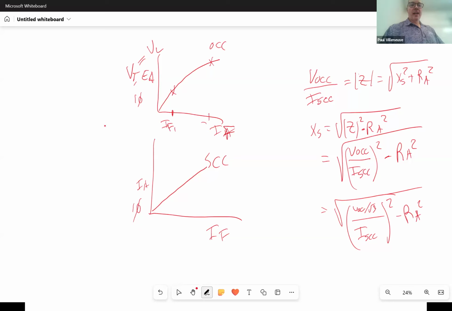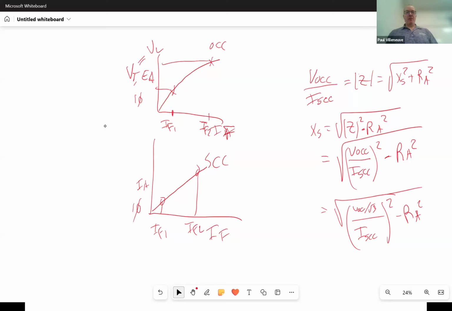We'll call this IF2. Those have to be the exact same point on my short circuit characteristic, and I'm going to read these values there to come up with my voltages and my currents. So the only way you can get impedance is you have to run both tests, open circuit and short circuit, and then correlate the points based on the field current to be able to get your values of X. Okay?